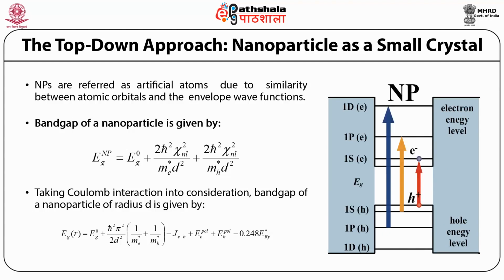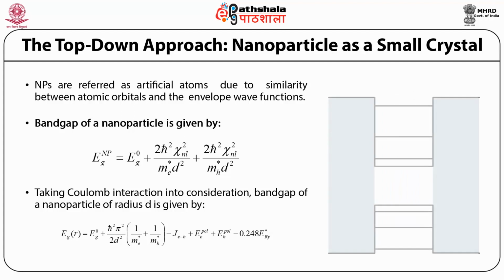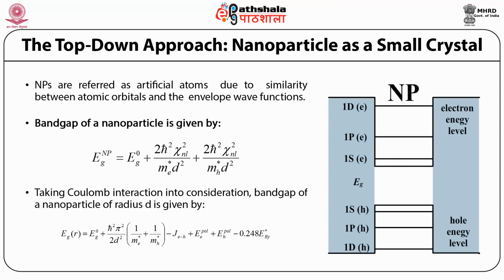Here E*Ry is the exciton Rydberg energy, and this equation describes the two most important consequences of quantum confinement. First, the band gap of a semiconductor nanoparticle becomes larger with decreasing size and scales as d to the power minus 2 if the Coulomb interaction is neglected.